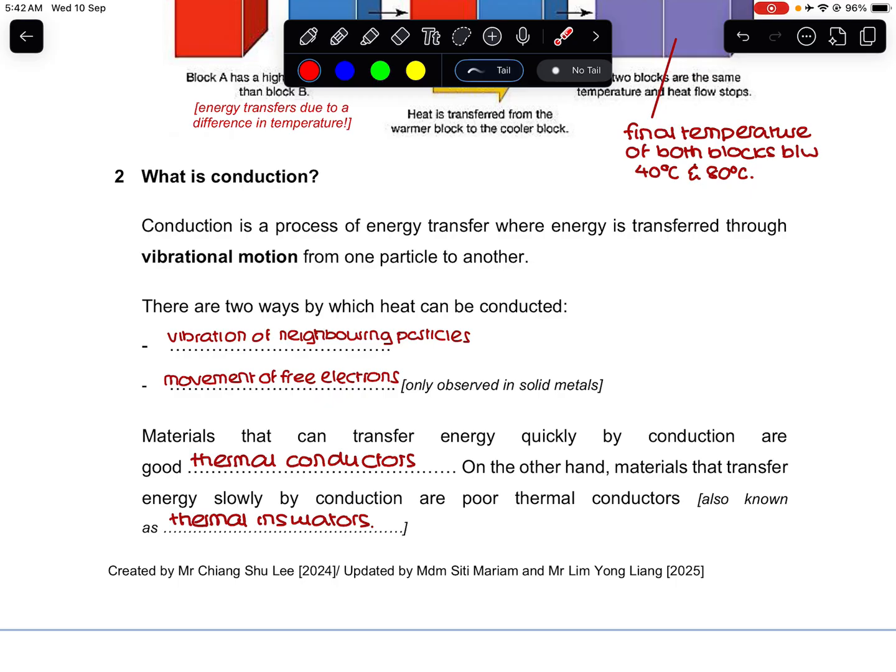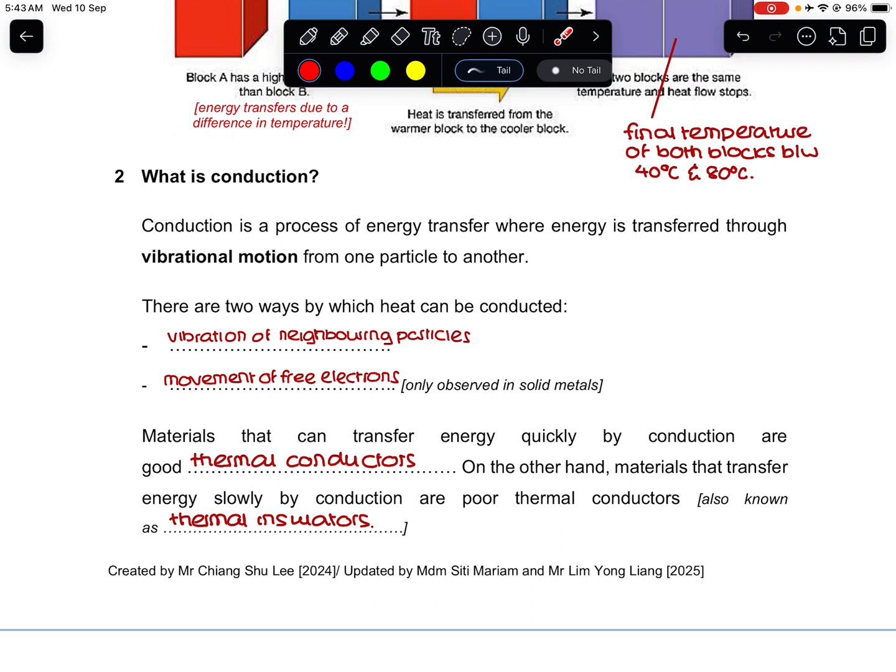Now, there is a second method which is only observed in your solid metal, so please take note, which is the movement of free electrons, and it's a much faster and more rapid transfer method within conduction, as compared to the vibration of neighboring particles, which transfers gradually from one end to another. Right?